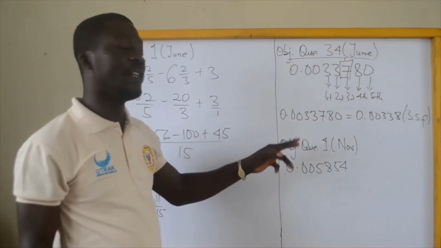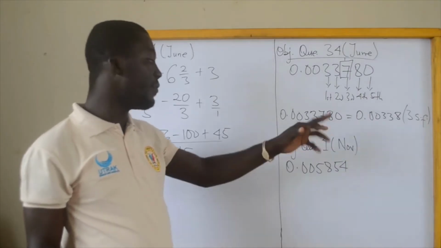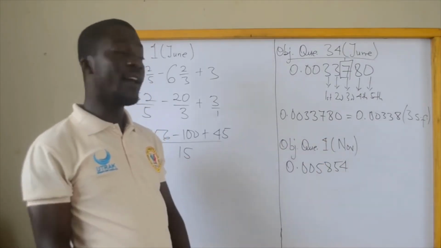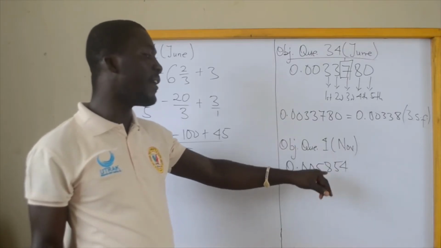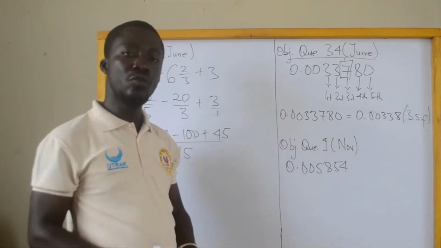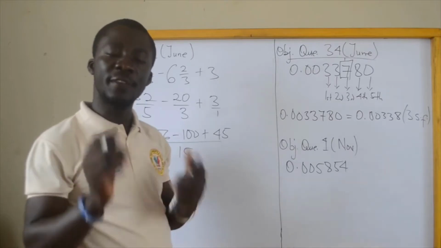In objective question 1, which came in November, it is saying that we should correct 0.005854 to 2 significant figures.